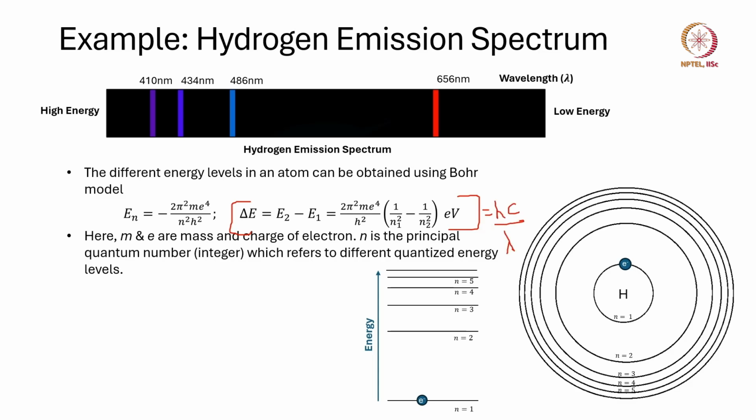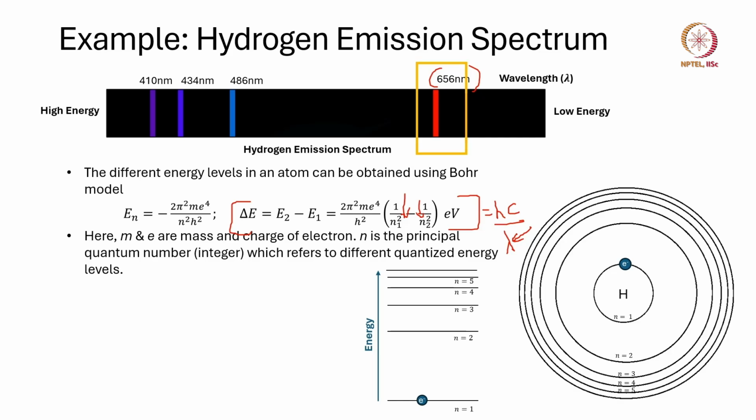So first we'll see what the energy corresponding to the wavelength of 656 nanometers is. Using this 656 nanometers, we can obtain the combination of n1 and n2 corresponding to the two energy levels involved in the electronic transition corresponding to this specific wavelength emission.